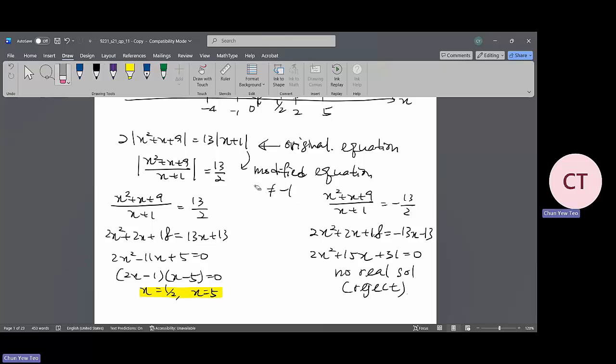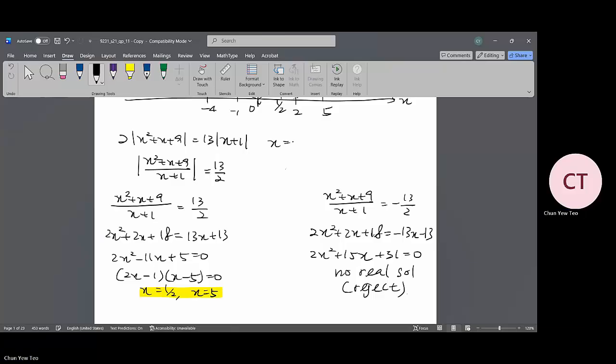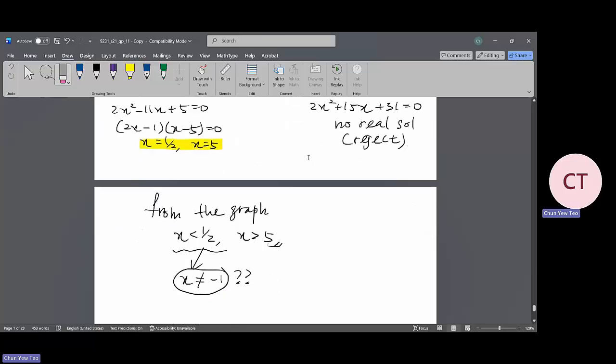However, if you go back to the original questions, if you go back to the original equations, your x equal to -1 is okay, no problem. So over here, actually, there's no need for you to mention that x is not equal to -1. So just leave it like this. We'll do x less than half and x greater than 5.